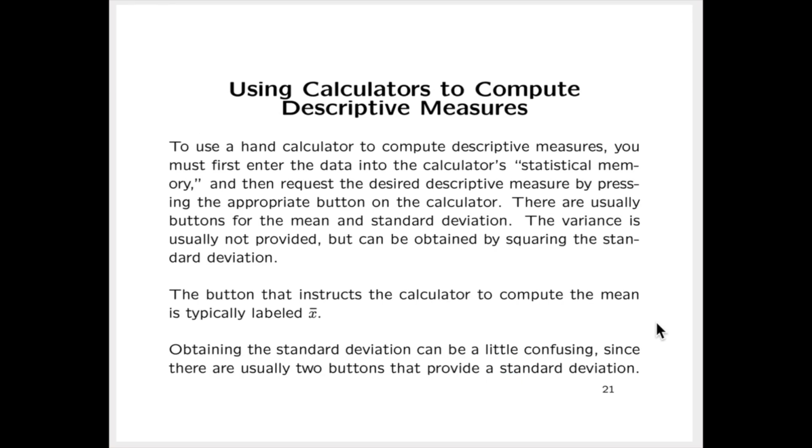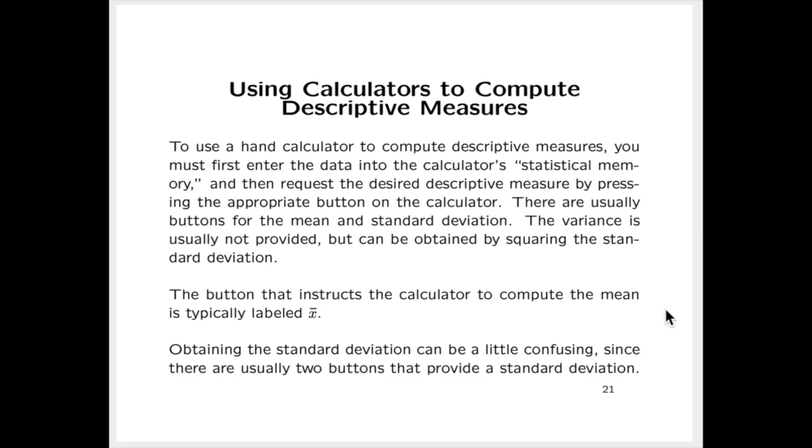All right, now let's talk about how to calculate these summary measures using your calculator. To use a hand calculator to compute descriptive measures, you must first enter the data into the calculator's statistical memory and then request the desired descriptive measure by pressing the appropriate button or menu option on the calculator. Now, there are usually buttons for the mean and the standard deviation of a data set.